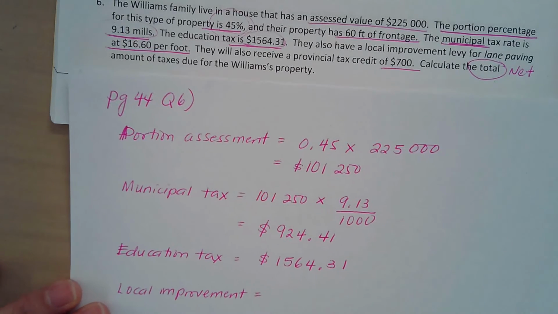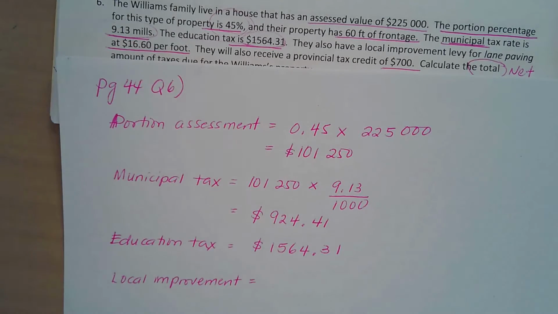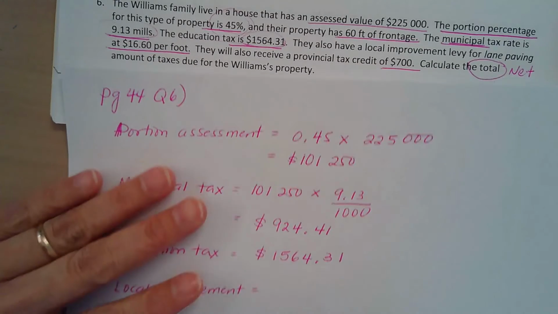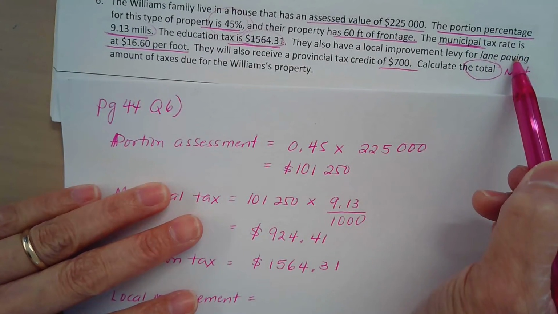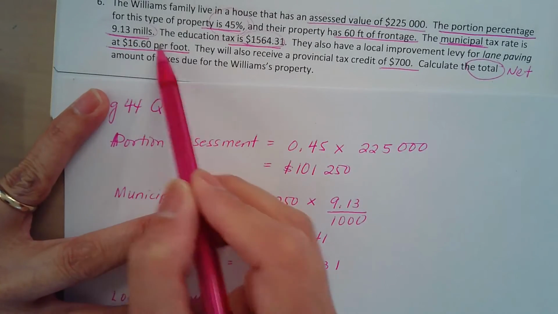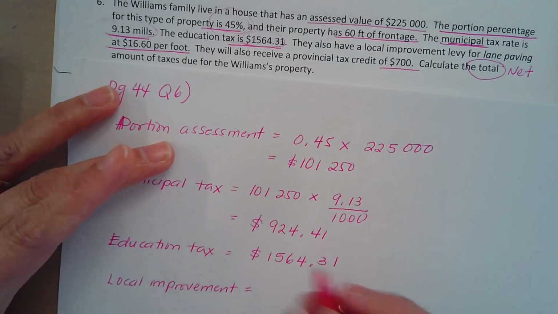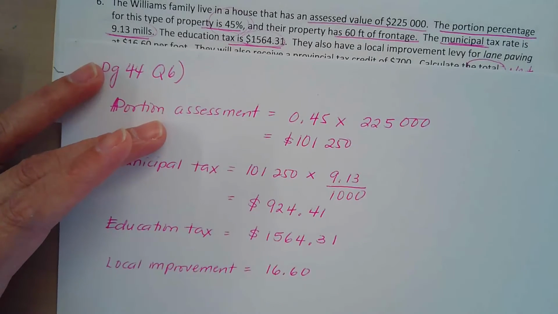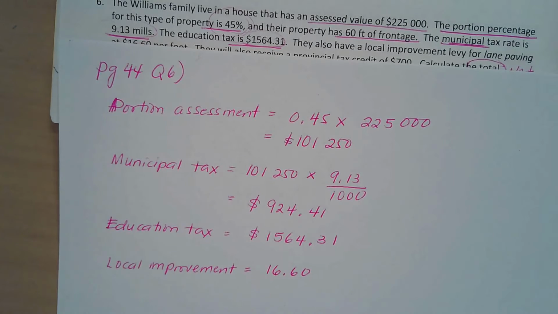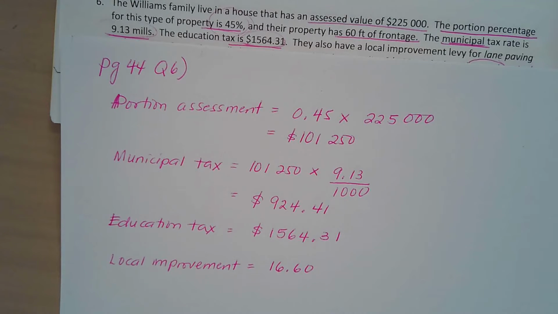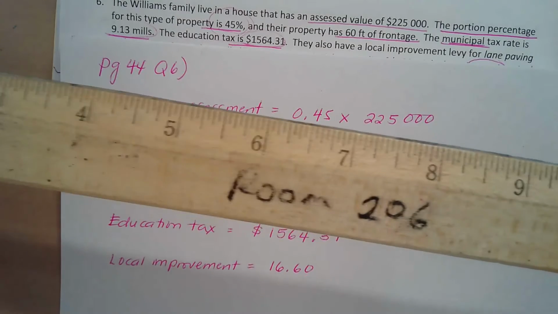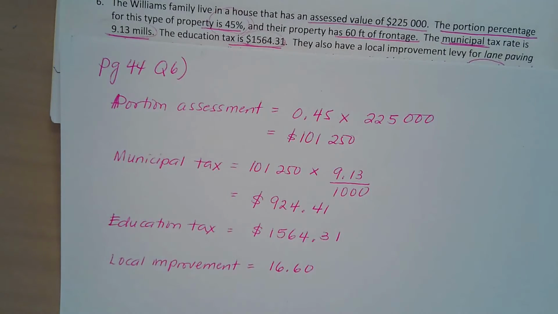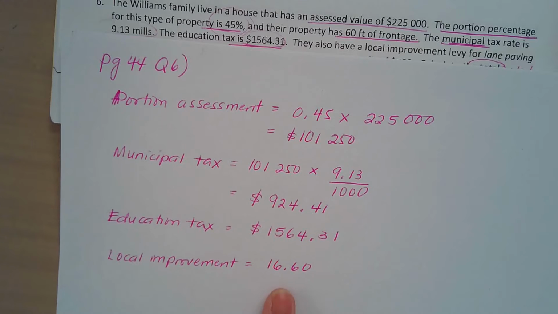Local improvement is something where, in front of your yard or your house, there's something that needs to be fixed. In this case it's lane paving. It says $16.60 per foot. That means for every foot, and how big is a foot? For every ruler length, 12 inches, we have to pay $16.60.